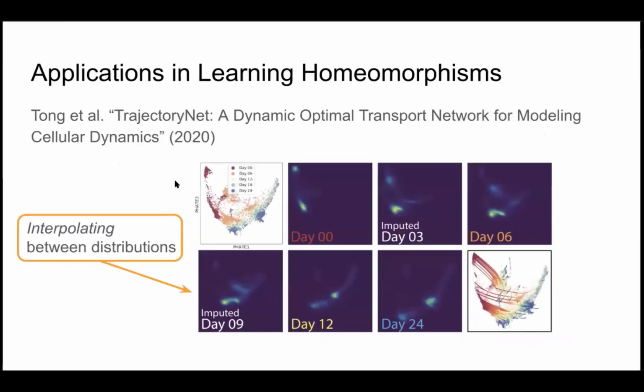Right, so Tong et al. applied continuous normalizing flows in an interesting setting. So they used them to model cell dynamics of a developing human embryo system. So multiple observations were made, but only at very infrequent intervals of a few days. And so without explicit knowledge of which cells move to which location, this is essentially an unpaired problem where you have to figure out what the exact cell dynamics are.